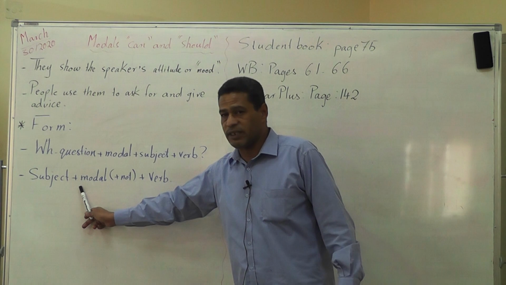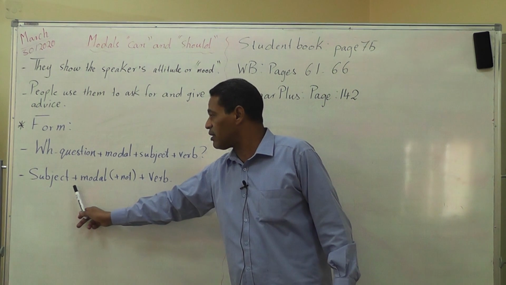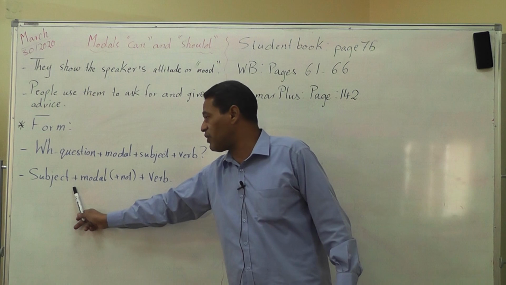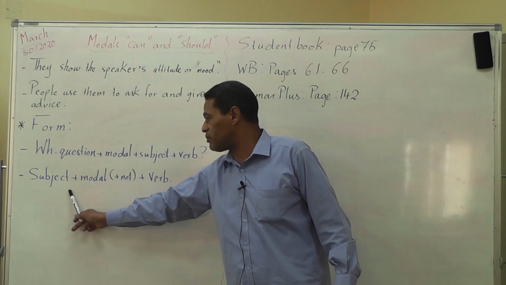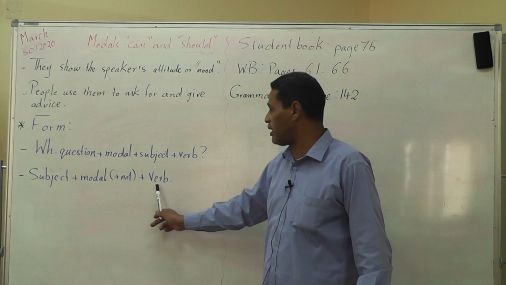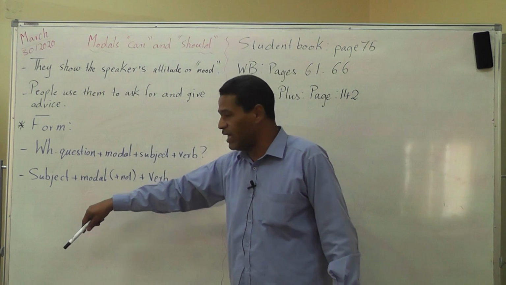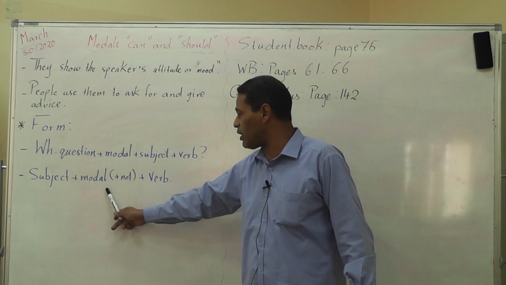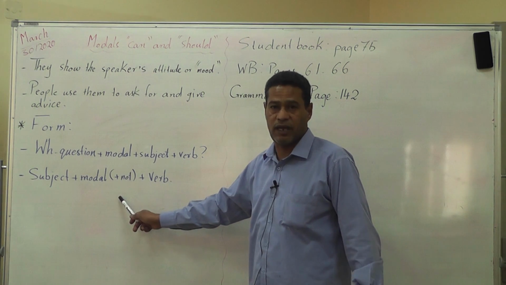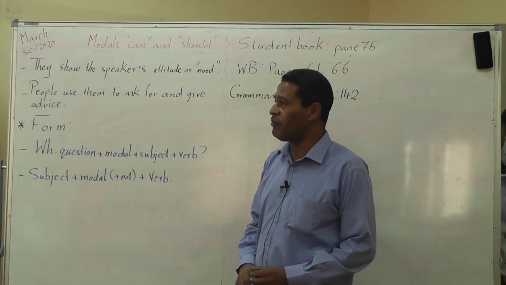For an affirmative sentence, we have the subject, the modal, then the verb. If it is a negative statement, we start with the subject, then the modal, and we add not after the modal, and then the verb.